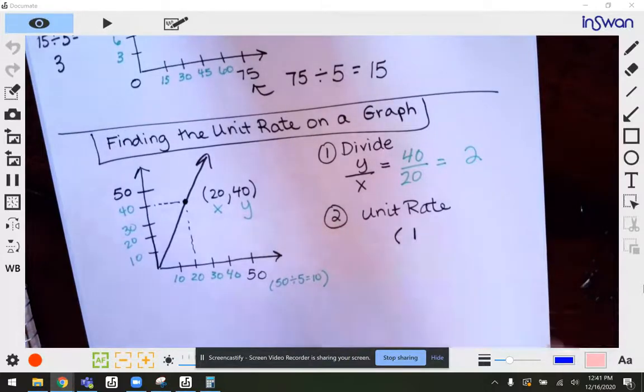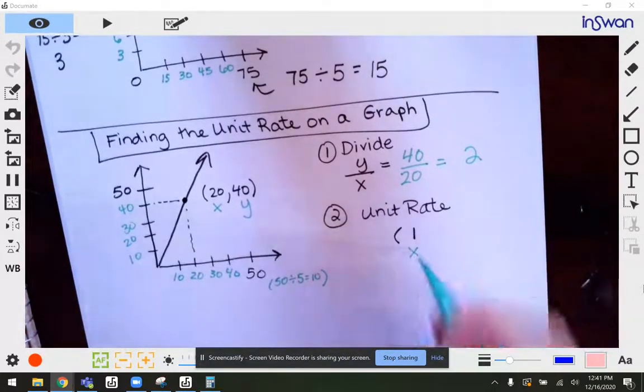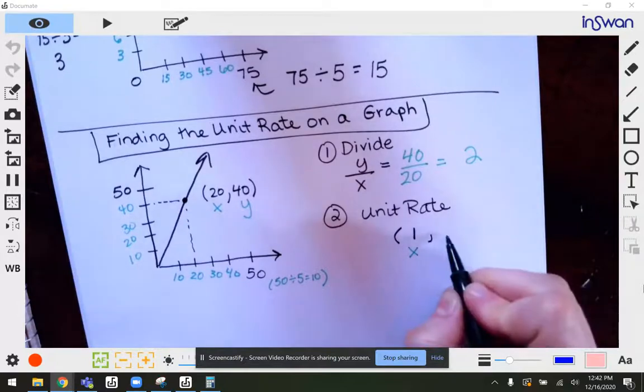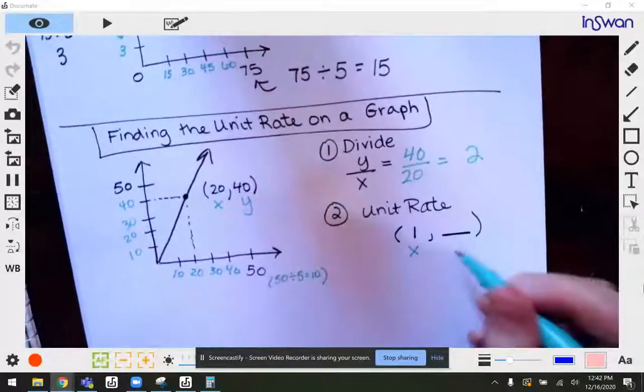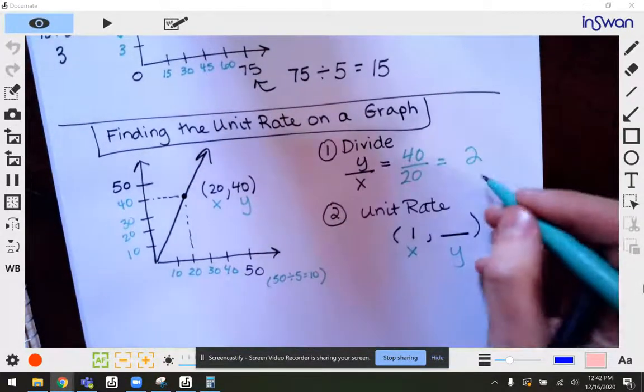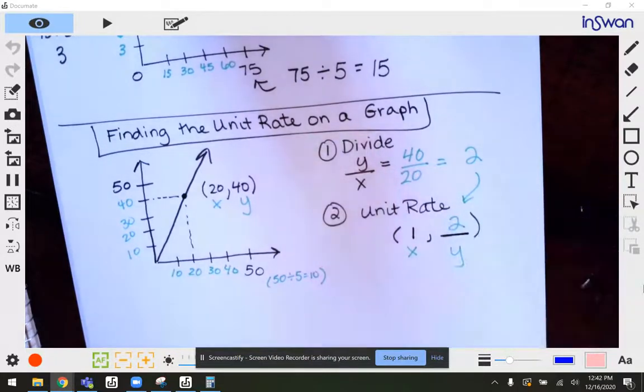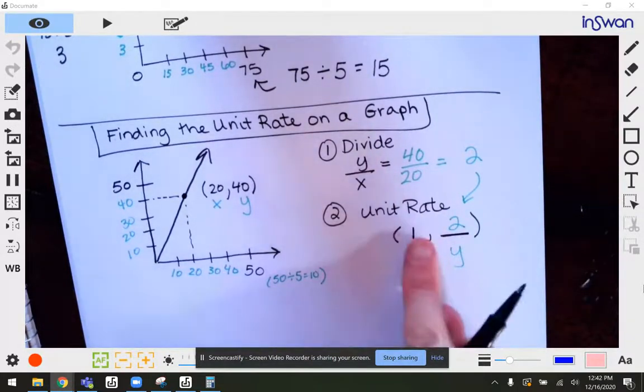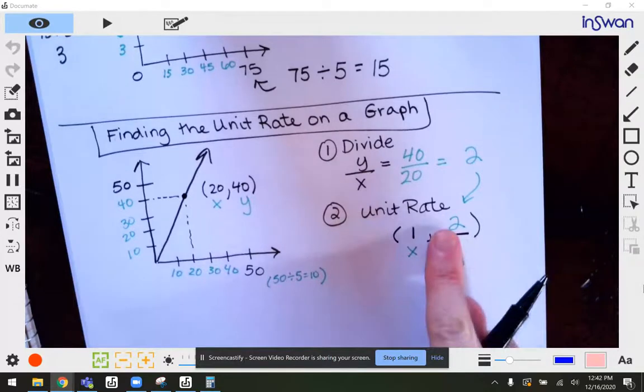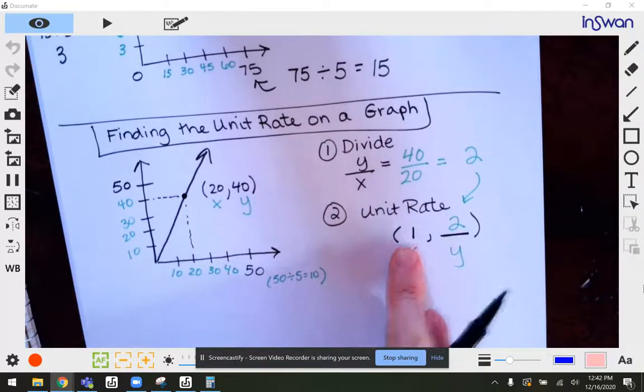The x is always going to be the 1, that's the denominator, and the y is going to be where you put your answer. So the unit rate as an ordered pair would be 1, 2. So for every 1 x, there are 2 y's.